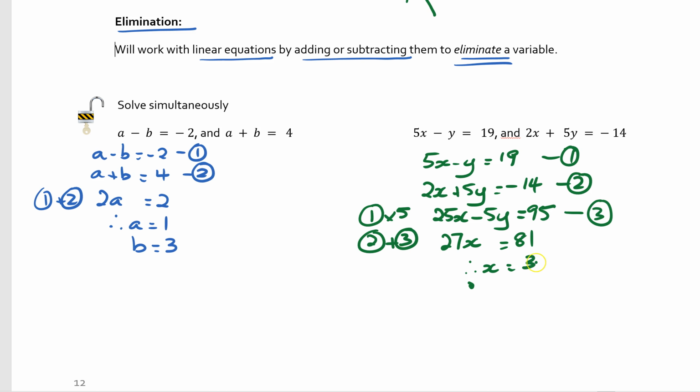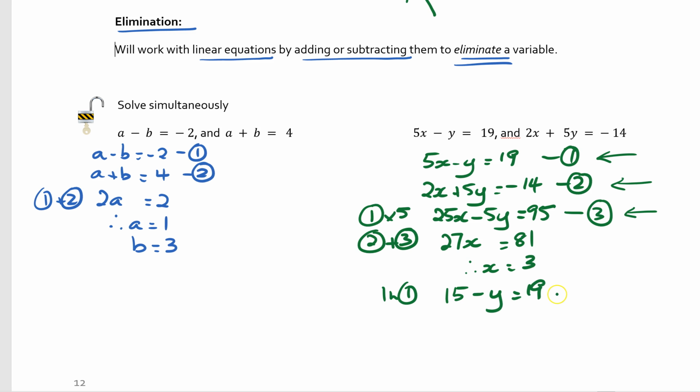And once I know that x equals 3, I can plug that back into any of my equations, that one, or that one, and find the value of y. So again, pick the easiest one. If I look at equation 1, that will give me 5x, which is 15, minus y equals 19.